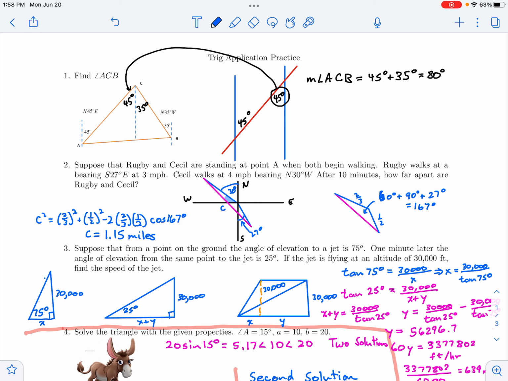Okay, there's 60. So this angle here is 60 degrees. And then from here over, this is 90. And then this other angle is 27. So we've got 60 plus 90 plus 27.